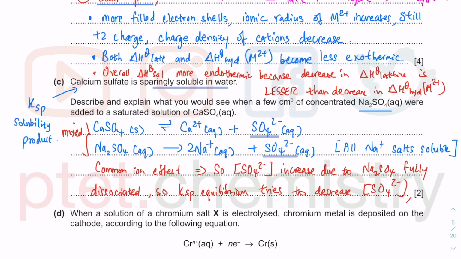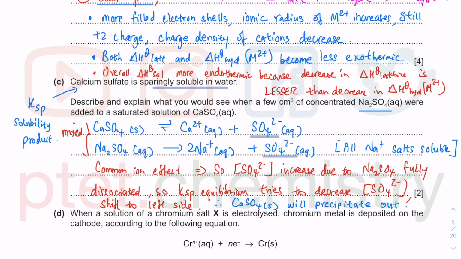So it will shift to the left hand side. Shift to the left side. And when you shift more to the left side, there are fewer of the aqueous ions, then you will get solid. So this is called precipitation. So therefore, the calcium sulfate solid will precipitate out, or it will start to form a suspension of solid.